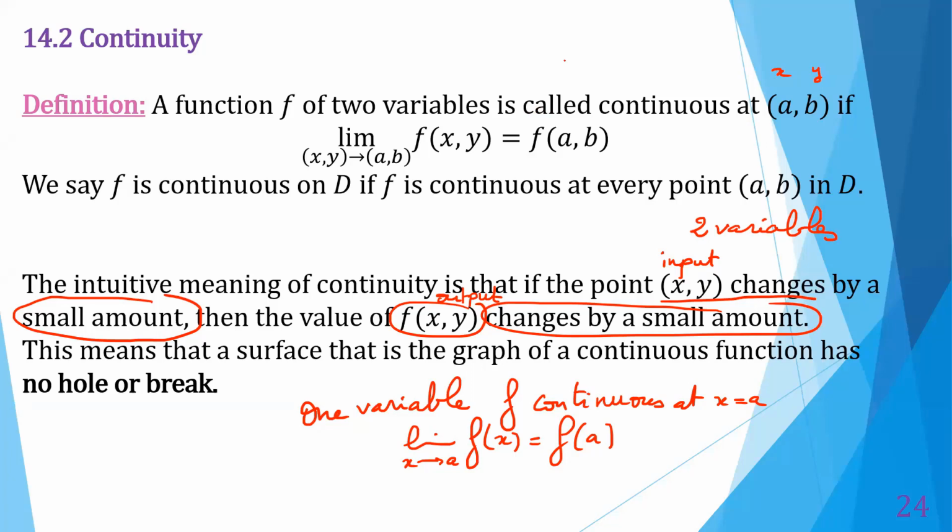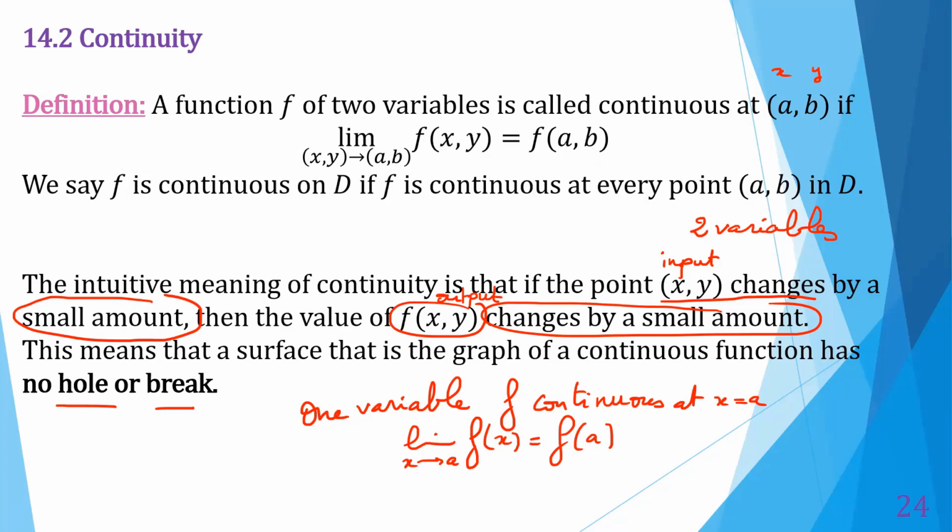Graphically, if we plot the graph of the function, the surface that is the graph of a continuous function has no holes, no breaks. It's quite smooth. This is C0, the lowest level of smoothness which we expect on a function. Of course we deal with functions which are discontinuous, but in this case it needs very special care and very sophisticated mathematics.